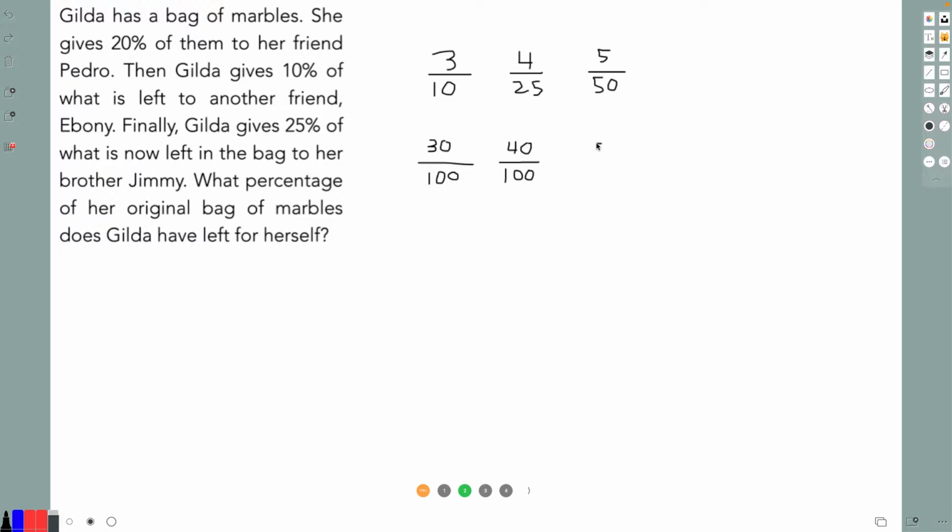And then we have 10% over here. And now after we convert it to percentages, we can easily see which fraction is the greatest and least. And that is how a percentage works.